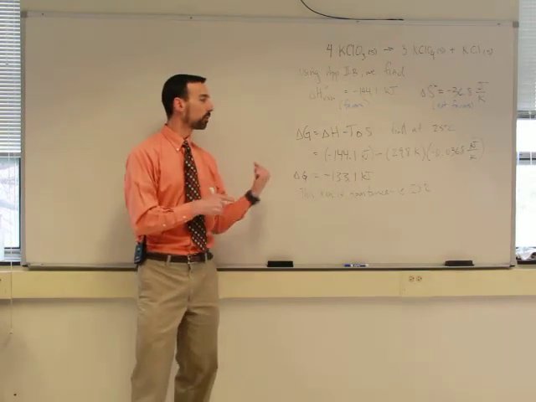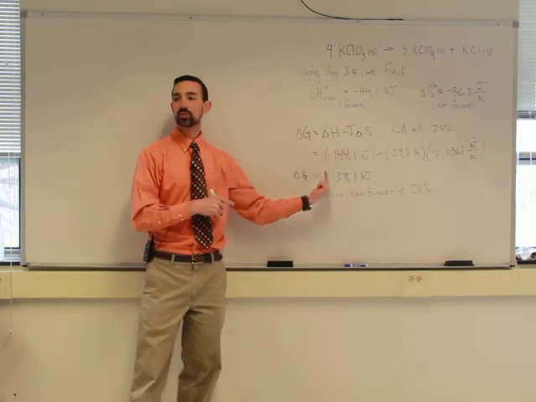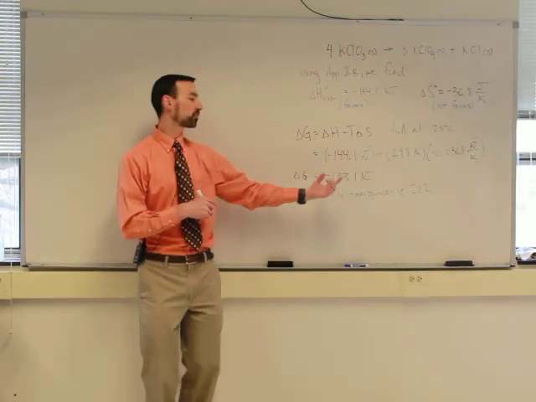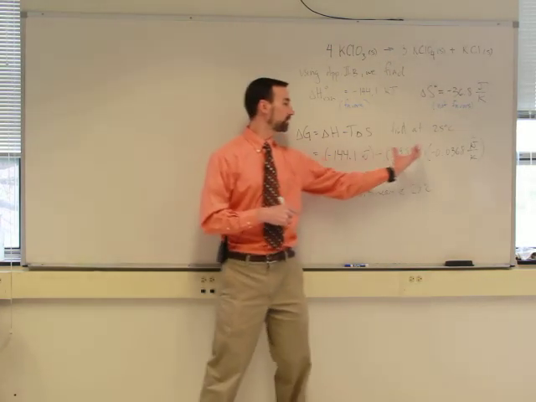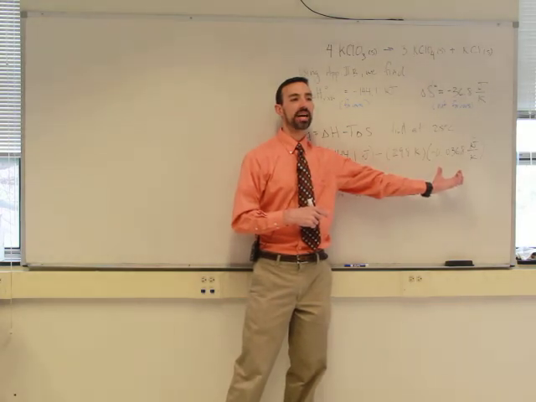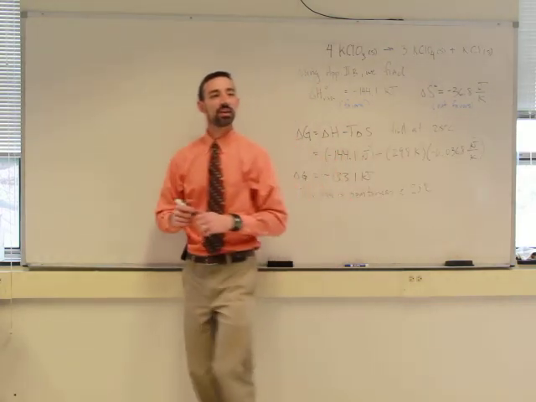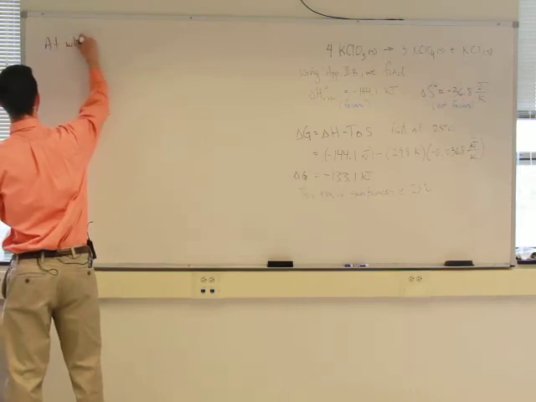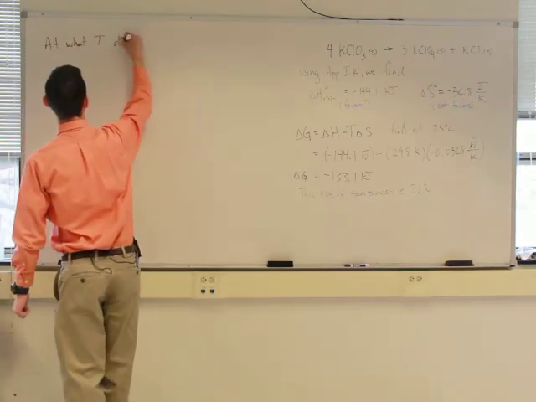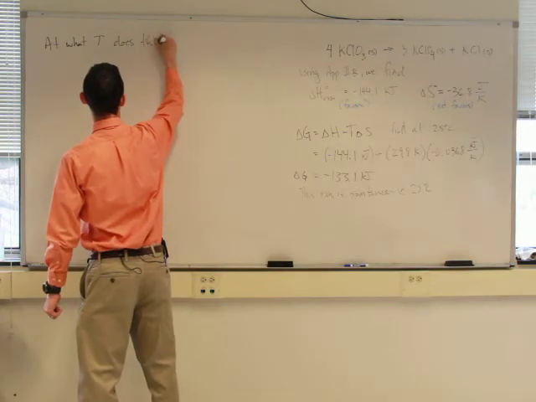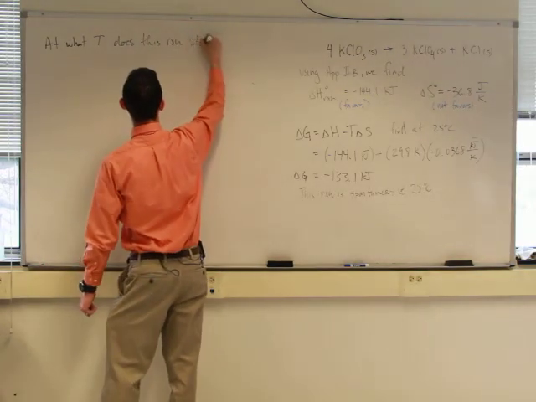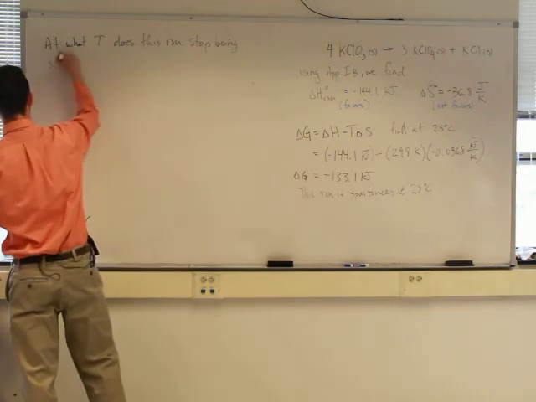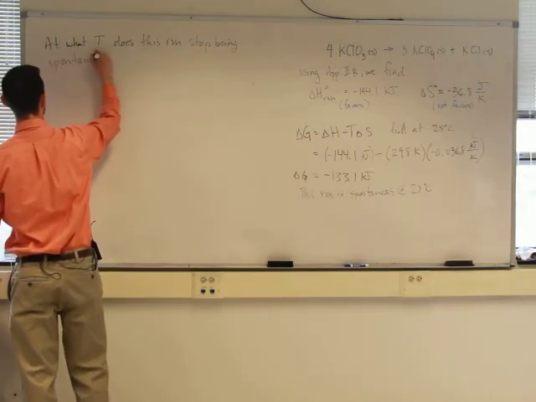Analogy here, at what temperature will this reaction no longer be spontaneous because we don't have enough to pay the entropy tax here? So that's a question we could ask: at what temperature does this reaction stop being spontaneous?